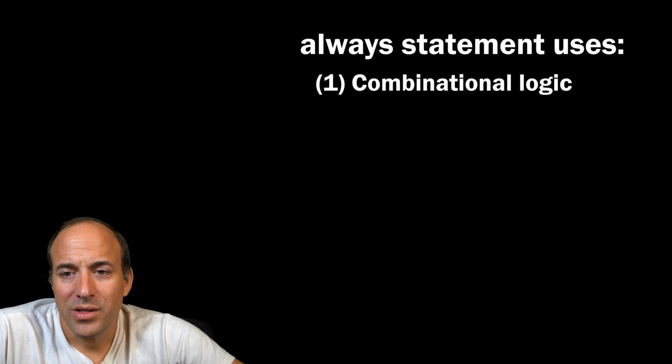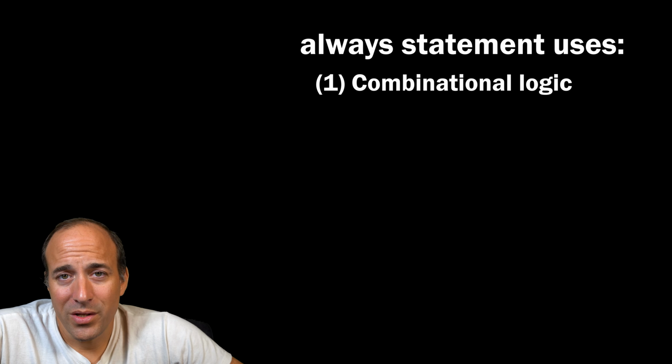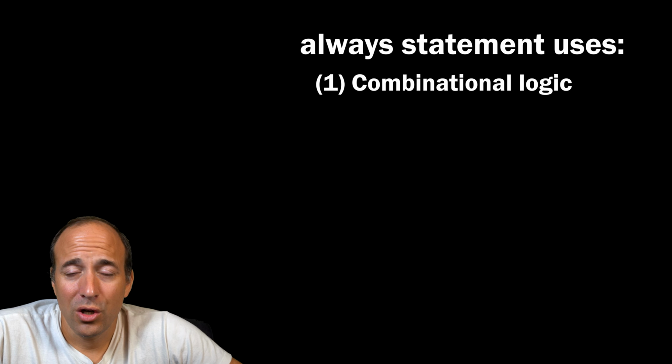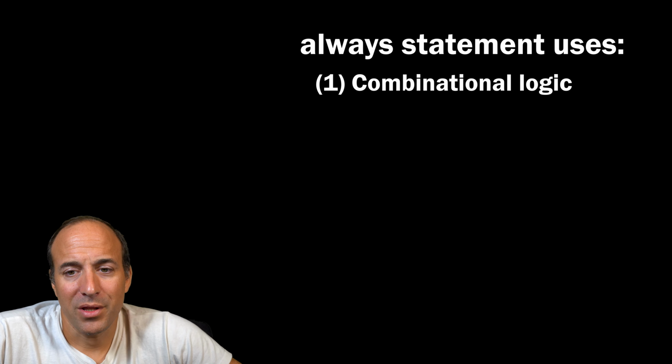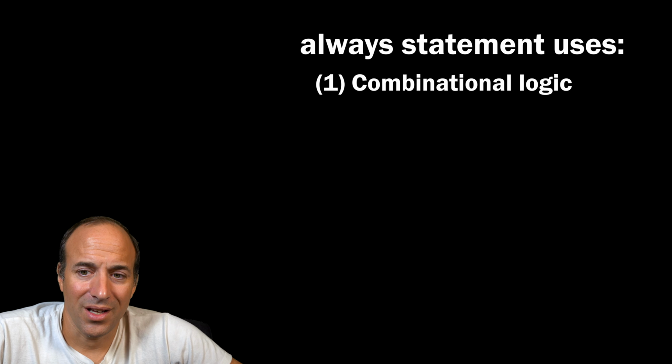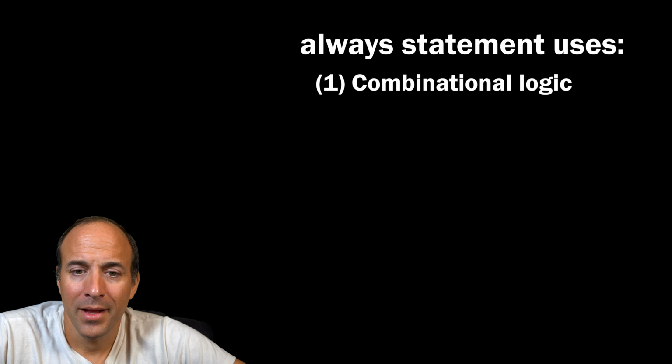The first is for using an always statement for combinational logic, and so always statements in this style could also be rewritten as a continuous assignment statement. But the choice of using an always instead of an assign statement is a matter of personal coding style.